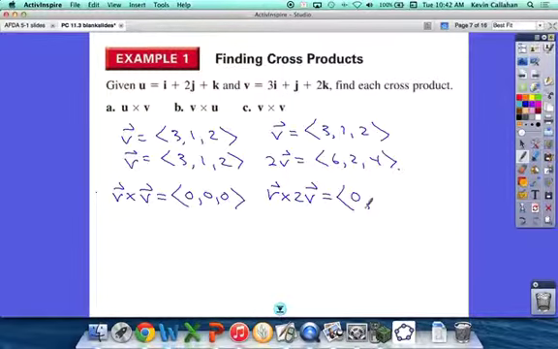Cover up the middle. 3 times 4 minus 6 times 2, negative 0. And cover up the left. 3 times 2 minus 6 times 1, 0. So it's actually not just when you do a cross product of a vector with itself. If you take a cross product of a vector and a parallel vector, you also get the 0 vector.